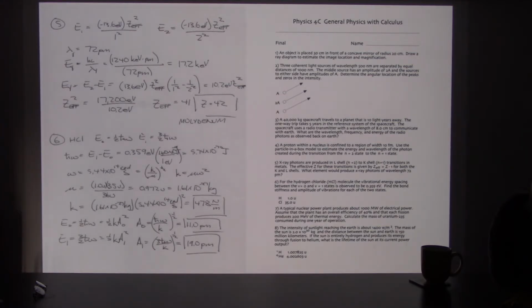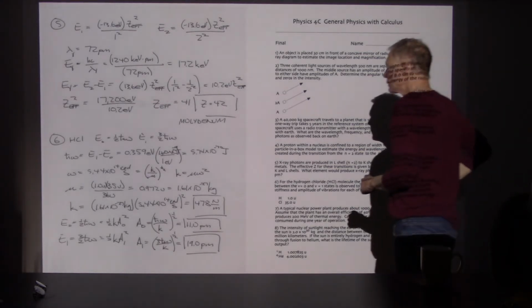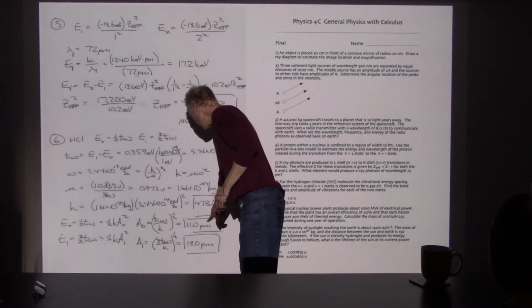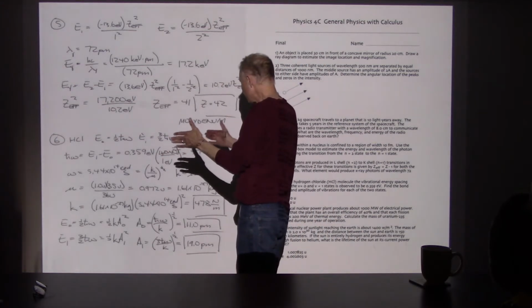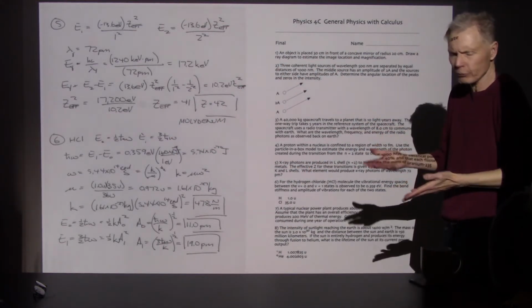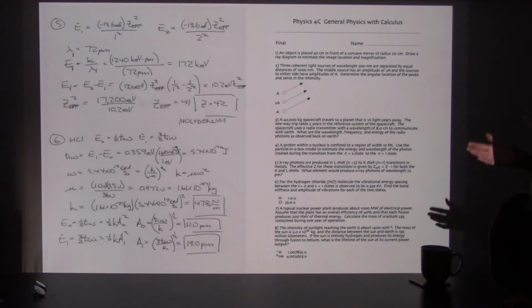So the k is not changing. We know what the k is, and using these formulas, we end up with roughly 11 picometers of variation in the bond length in the ground state. But in the excited state, that jumps to 19 picometers.